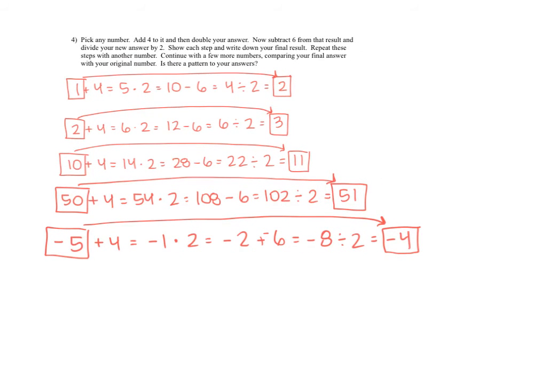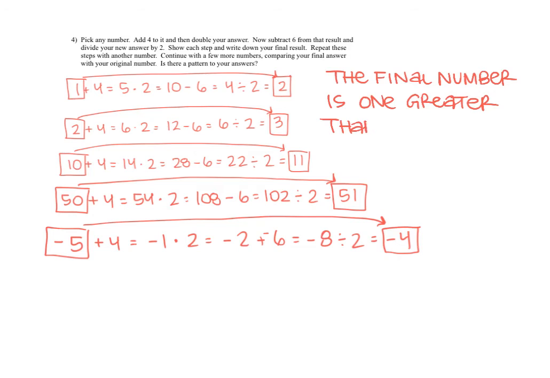There is. Hopefully you see that the pattern is that the ending number is 1 greater than your original number. So the final number, I need to write what my pattern is: 1 greater than my original number.